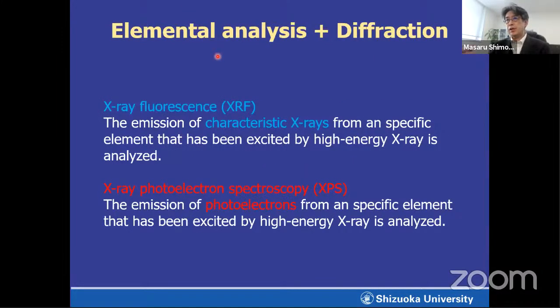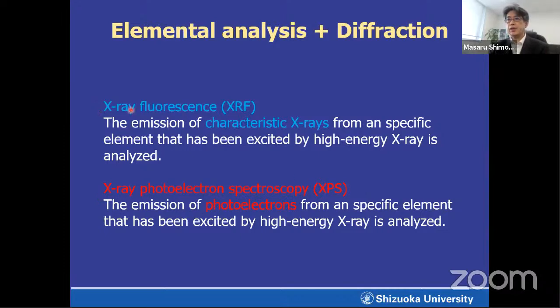For that type of measurement, the combination of elemental analysis and diffraction is very important. For elemental analysis, there are two major methods. One is X-ray fluorescence, XRF, and the second is X-ray photoelectron spectroscopy, XPS.